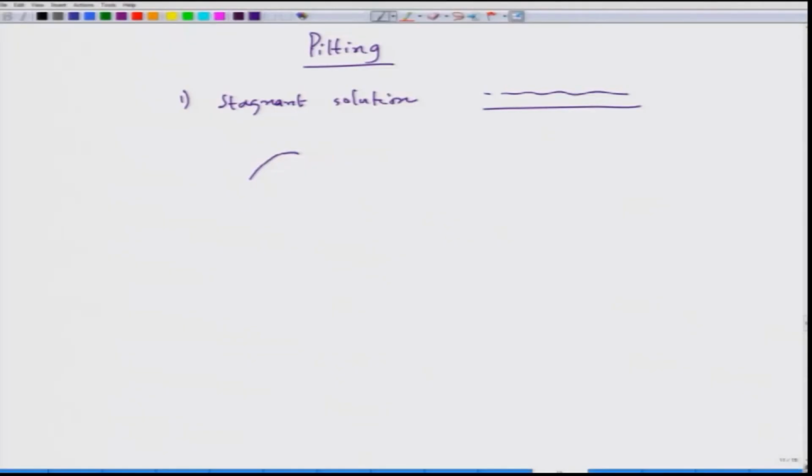Grain boundary is a place where the activity of that region is more than the activity of the grain body. Here I am talking about electrochemical activity. If we have a microstructure like this, after etching the grain boundaries can be seen.